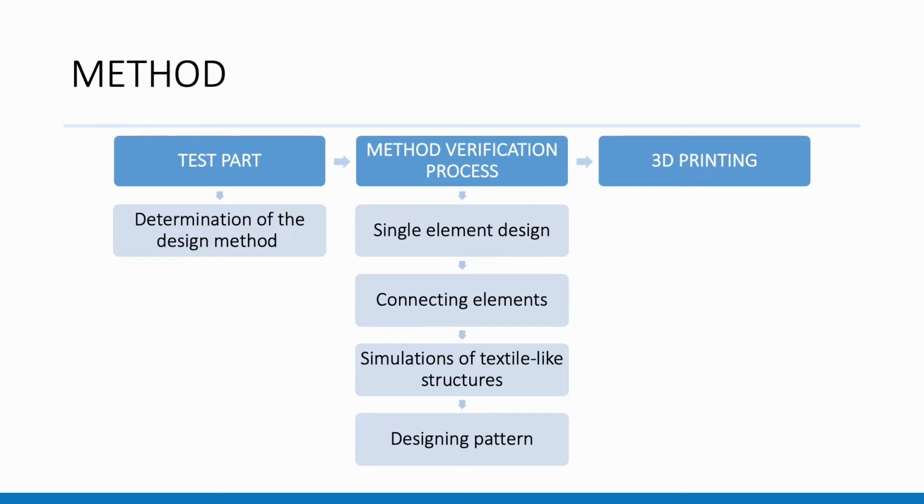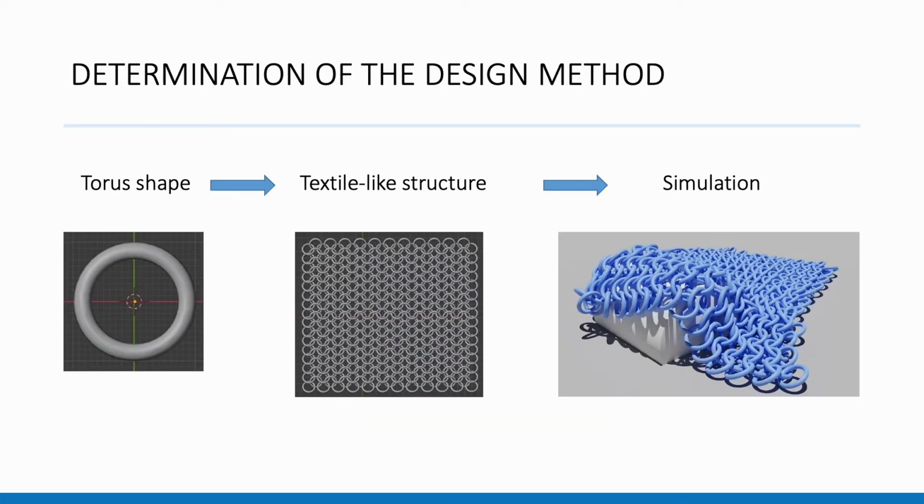We also 3D printed a sample of a textile-like structure to get the physical touch and physical appearance of the textile-like structure. So the determination of the design method began by using a simple torus shape, which was connected into a textile-like structure, which was further simulated on an object.